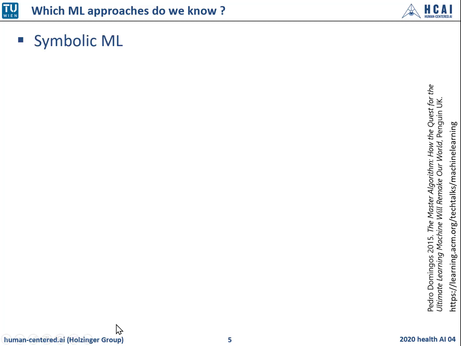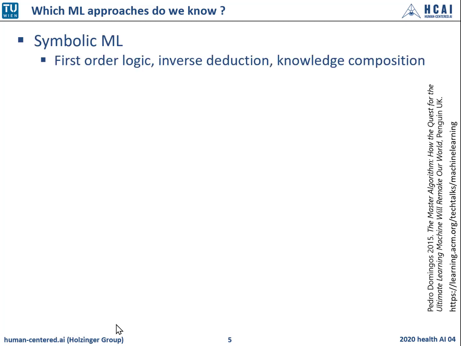So we start with the symbolic machine learning approach. This is characterized by first-order logic, inverse deduction, knowledge compositions. These are the symbolists. For example, famous symbolists, Mitchell, Muggleton, Quinlan. These symbolists mean that all knowledge can be represented.